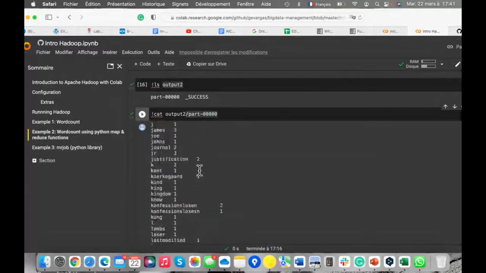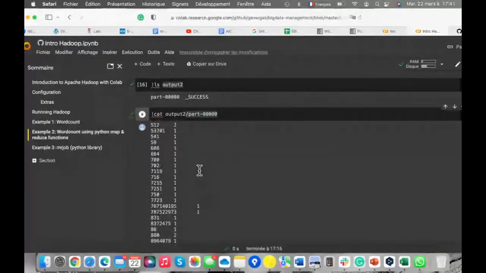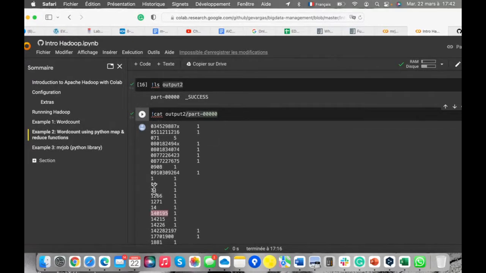And one important thing that you should see is that, for example, with the hexadecimal terms, we could have developed a more interesting cleaning strategy to get rid of terms that might not be very interesting. Let's say this one, which is hexadecimal, I believe, might not be very interesting to know how many occurrences there are.